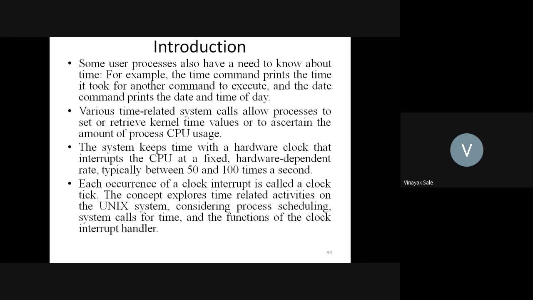So we have seen various time related commands in the practical session, such as cal, date and time. These are the time related system calls that allow a process to set or retrieve kernel time values or to ascertain the amount of process CPU use.